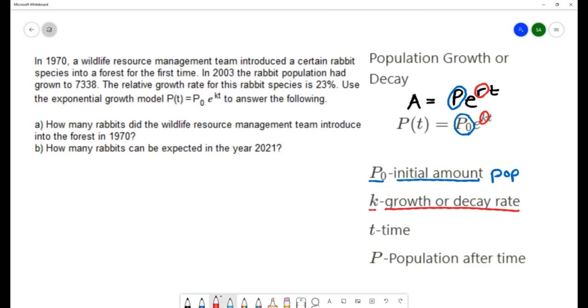And then finally, we have the variable T, and T represented time in years. We also have a T in this position, and T represents time. Now in this formula, we're not restricted to only using years. You really have to pay attention to the word problem and what units are used. So we could have any unit of time here.